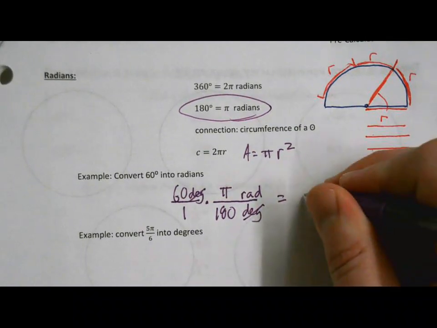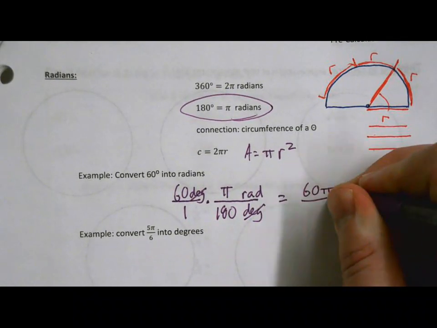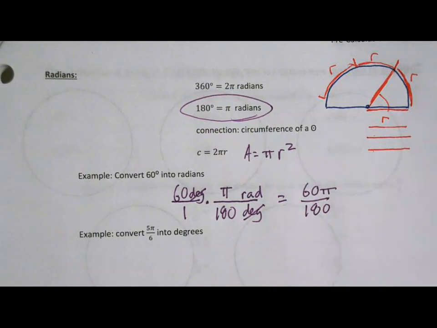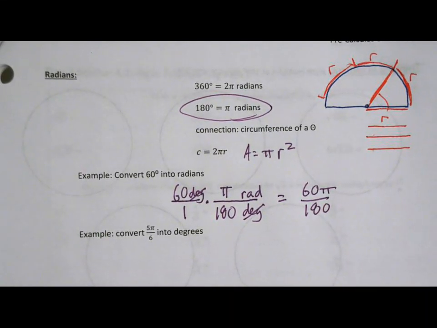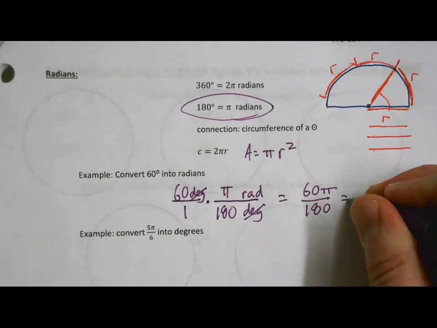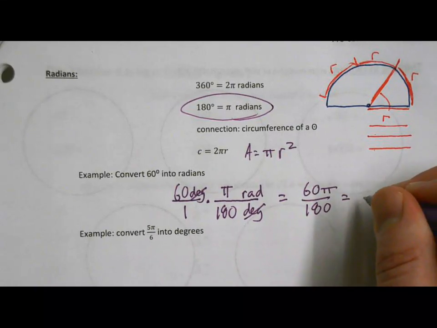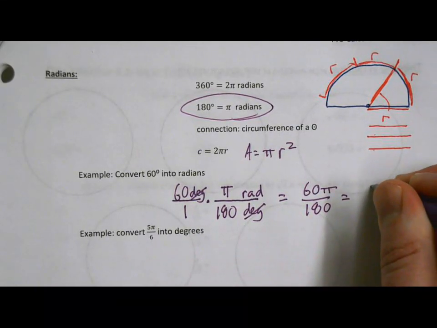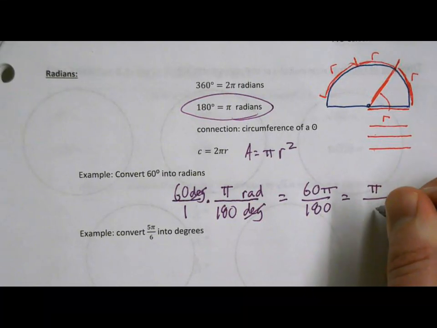We end up with 60 pi over 180. Now we're not going to type this in the calculator for a decimal answer, but I would like you to reduce that fraction for me, please. 60 over 180 turns into 1 over 3.